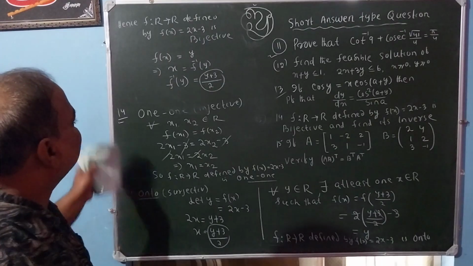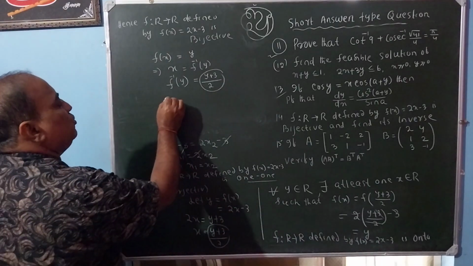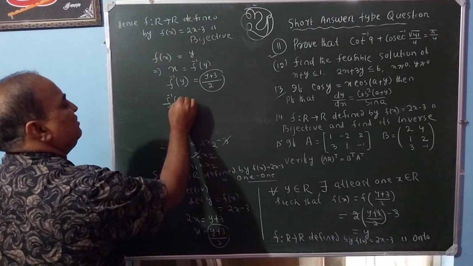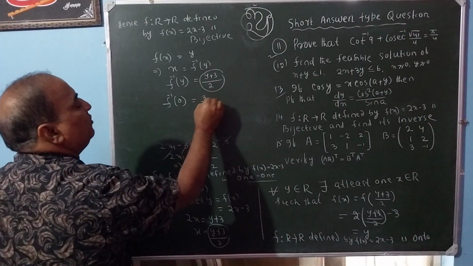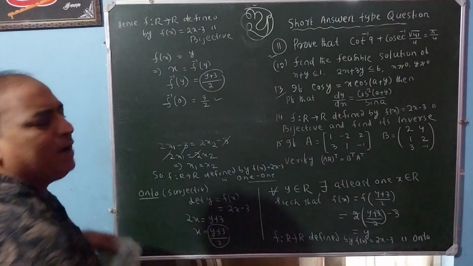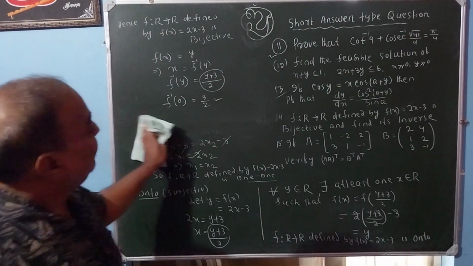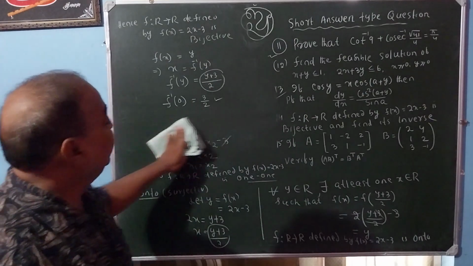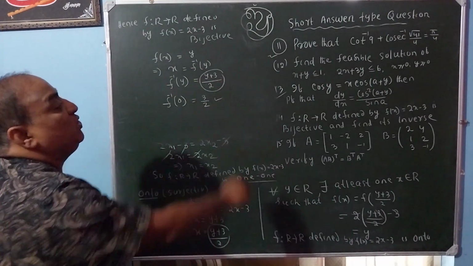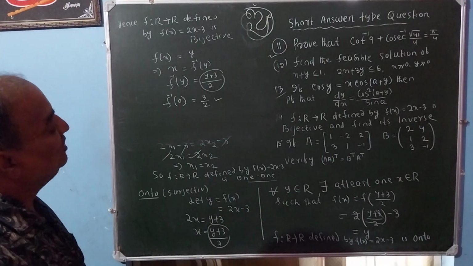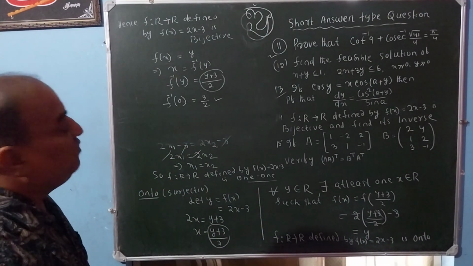If the question is asking to find the particular value of f inverse of 0, then put 0 here, giving 3 by 2. In this manner you have to find it. So that means f is bijective and its inverse exists, that is f inverse of y is equal to (y plus 3) by 2. So this is the answer of the question number 14.